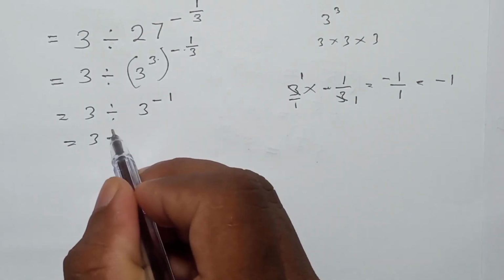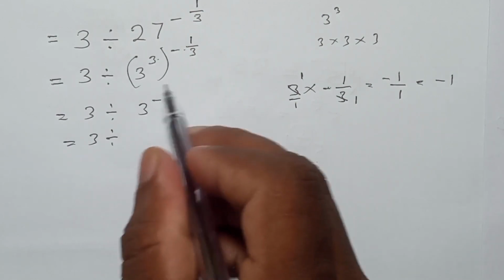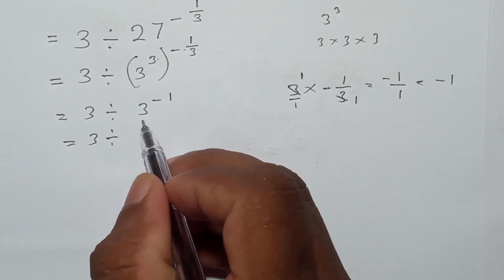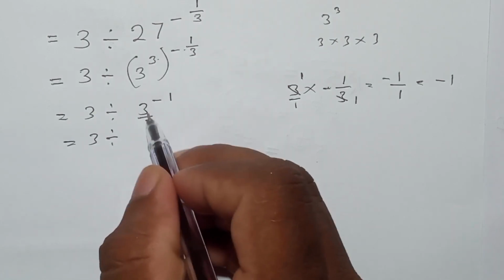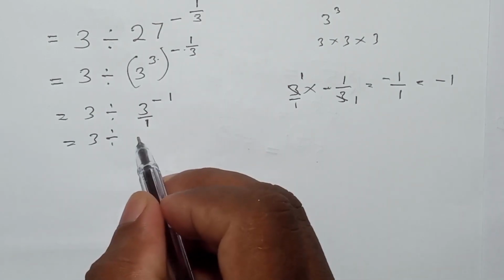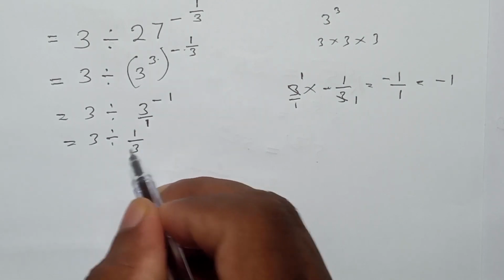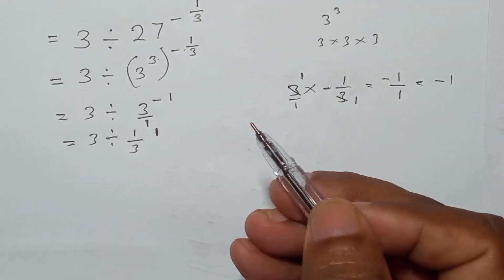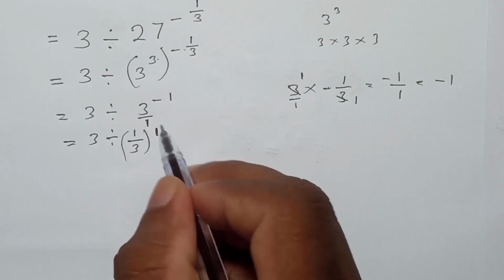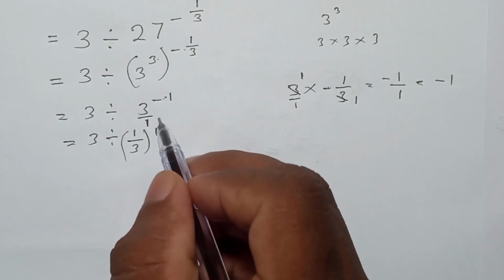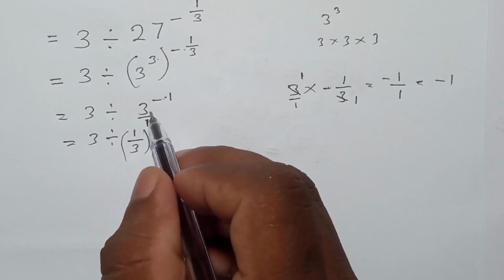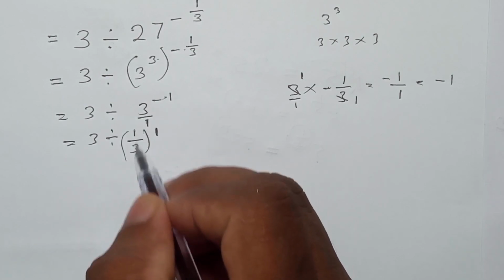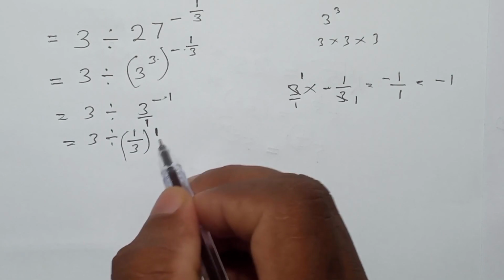I will keep this division sign the same, and then I will make this negative index positive. How? Below the 3 here we have 1, no? The denominator is 1. So I will get the reciprocal of this, that means 1 over 3. Here it will be plus 1, right? You can convert this negative index to a positive index if you take the reciprocal. If you get the reciprocal of this, 3 over 1, I make 1 over 3. Now this will become positive.